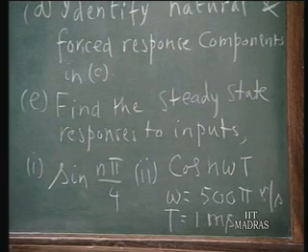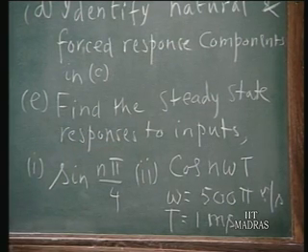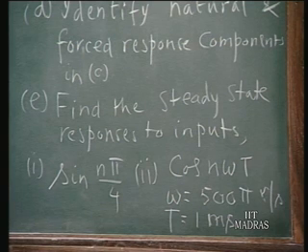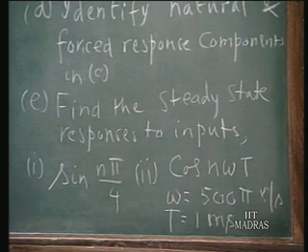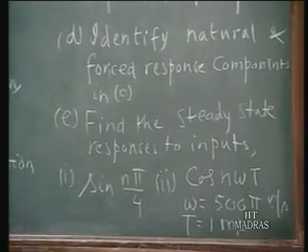So for these two sinusoidal inputs, find out the steady state output, that means it will also be a sinusoid, because the natural response is expected to decay with time, and using the frequency response function, find out the output corresponding to the two inputs.